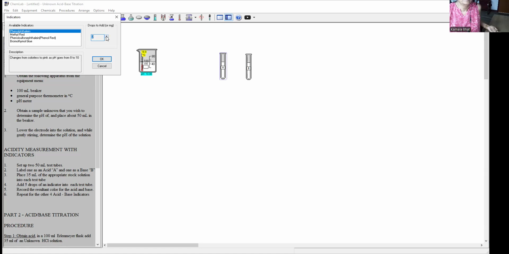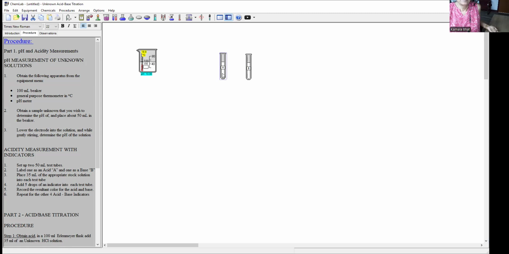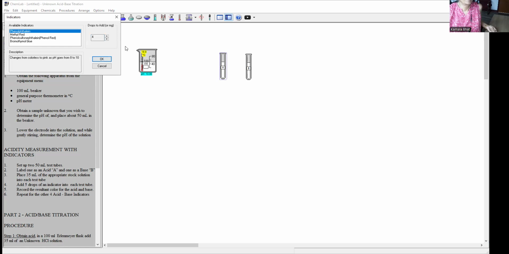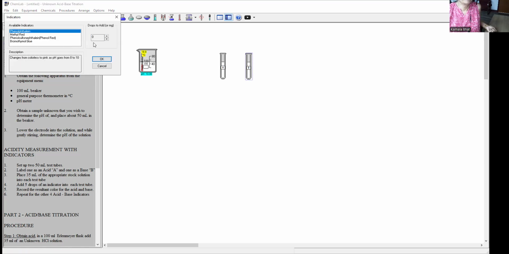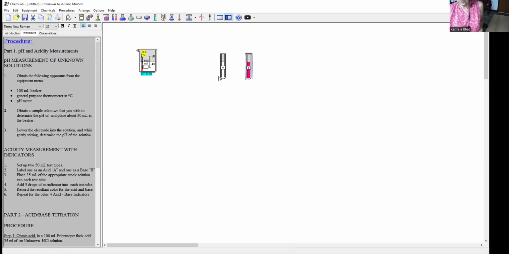So we'll add 1, 2, 3, 4 drops of indicator, and then even in this you add okay, and in this also you add 4 drops of the indicator. And now you will see the difference recorded. Then in this way, you go ahead and continue with the remaining sets that they have asked you to add.